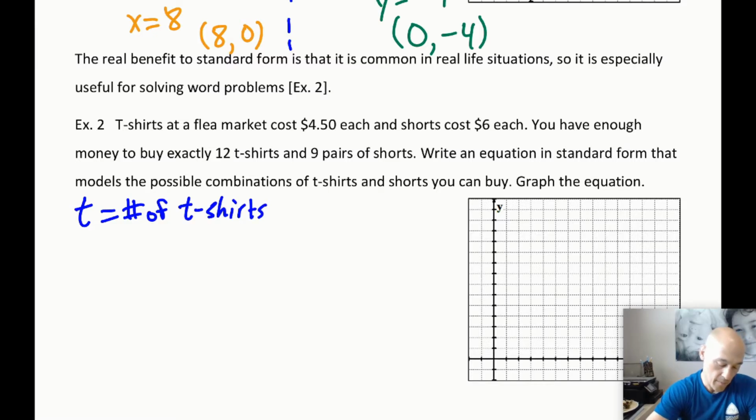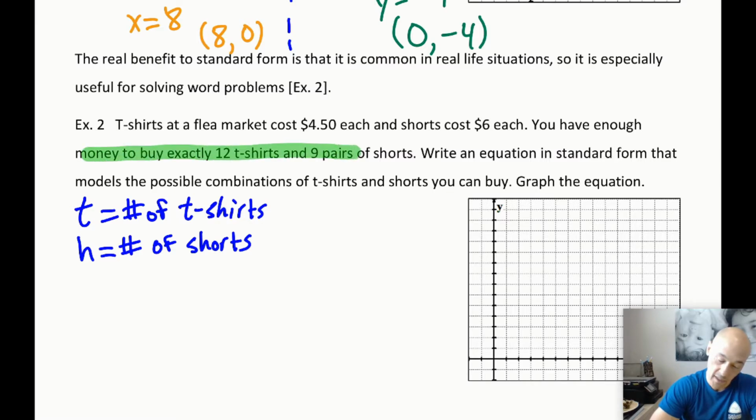And I'm going to do H for the number of shorts. I don't want to do S. It'd probably look too much like a 5. So I'm going to notice that right here, we have enough money to buy exactly 12 t-shirts and 9 shorts.